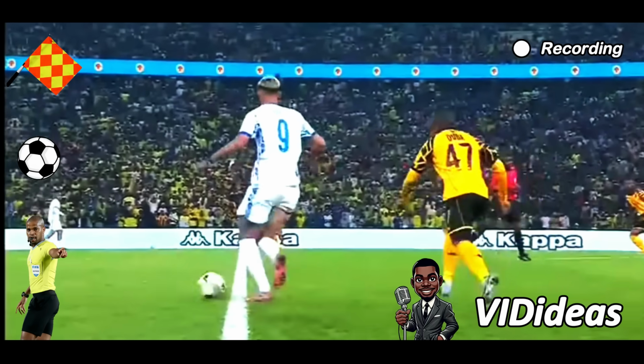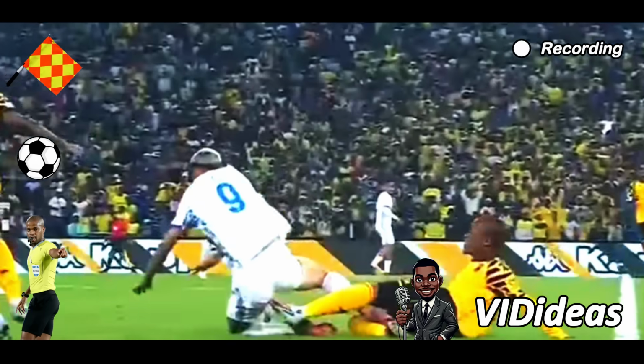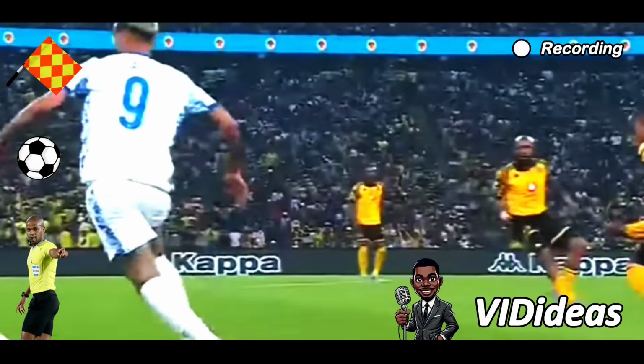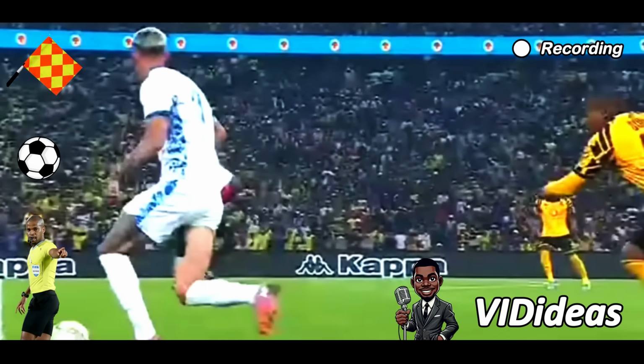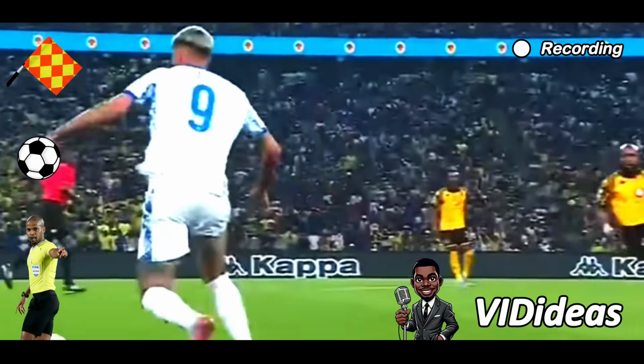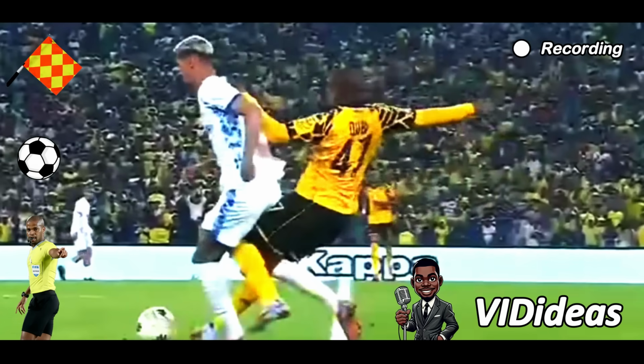And then behind him, there is Duba, the controversial Duba. This boy is highly skilled, talented. But yeah, that's a discussion for another day. So Duba goes in behind Usales, who is in control of the ball.